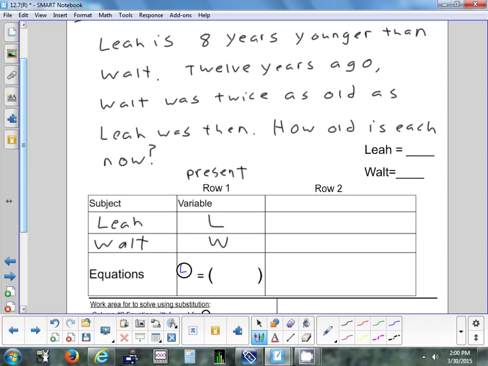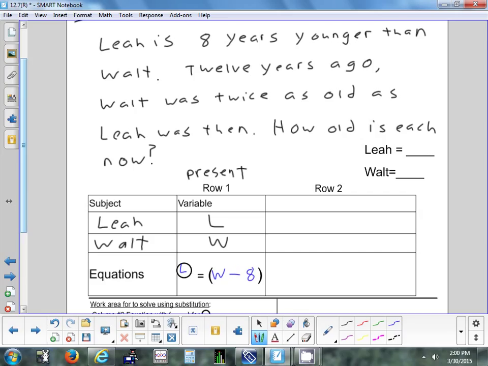Okay, Ryan, which operation when you think younger? Subtraction, good. Now, how would we represent 8 years younger than Walt? Or you can think of it as Walt's age decreased by 8. Same thing.